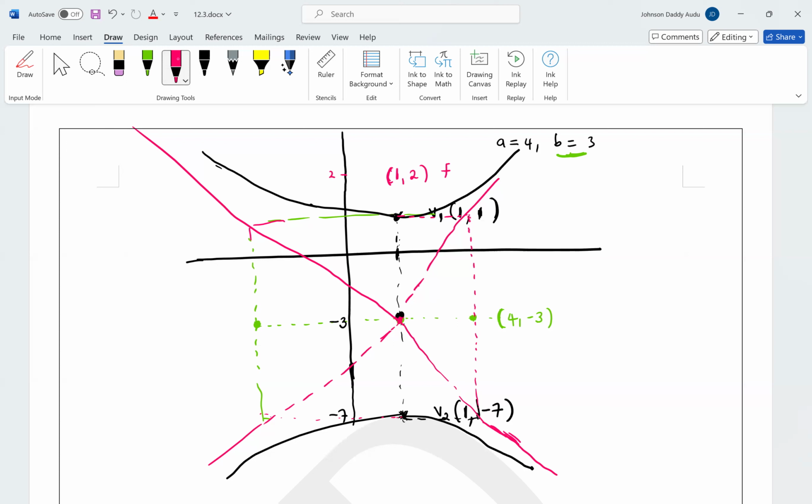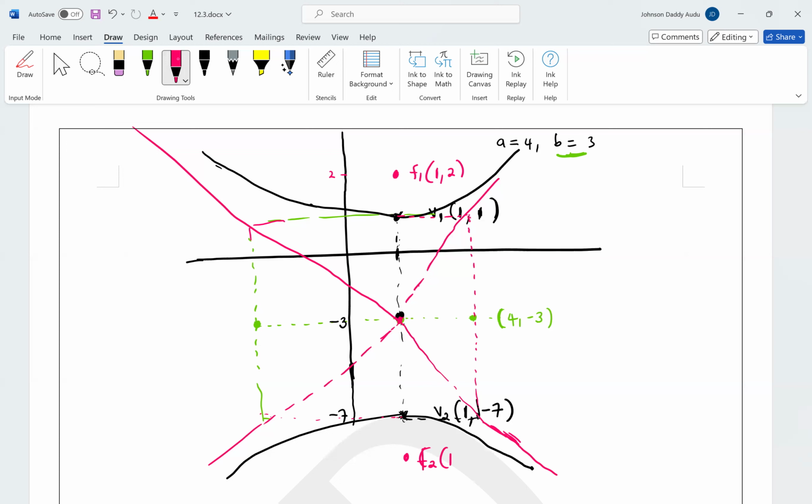This is our first focus. So you can put a point here and call it F1. The point is going to be 1 and 2. Then the same way you go down here to get the second. The x value remains fixed, so it's still going to be 1.